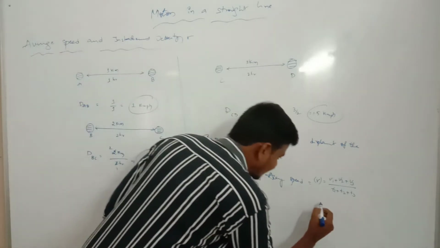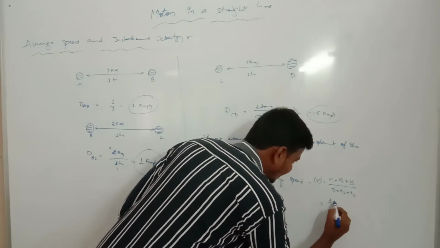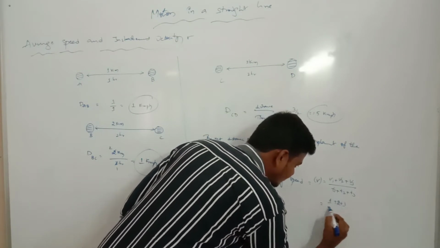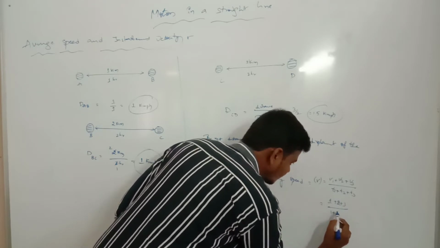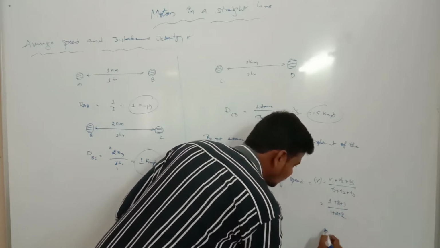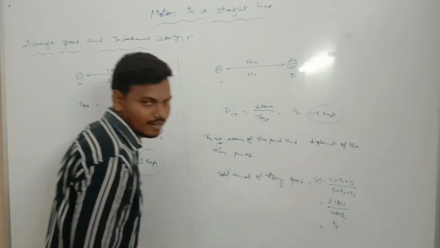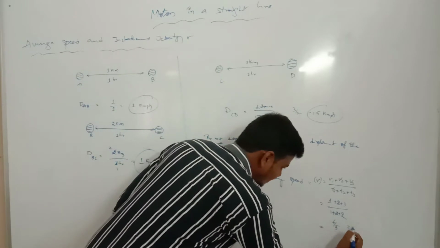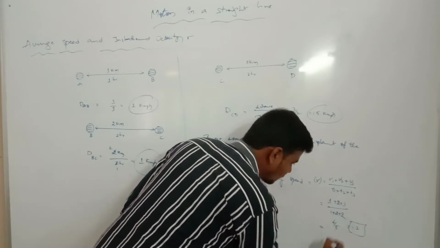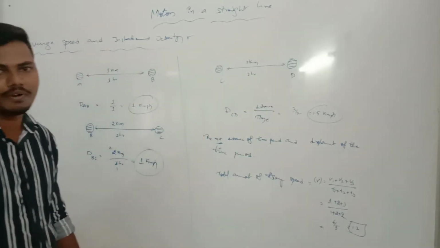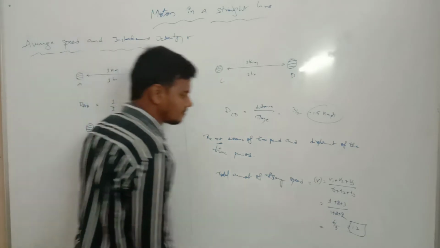The velocity V is equal to 1 plus 2 plus 3 by 1 plus 2 plus 2. So this one is 6 by 5, which is 1.2. Now the speed is 1.2 km per hour.